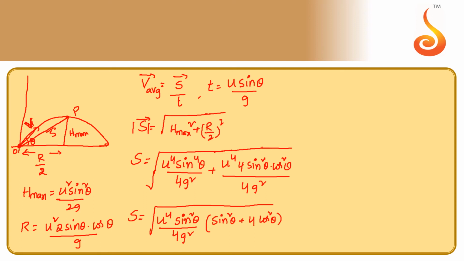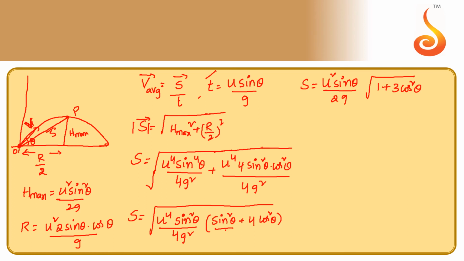Therefore displacement is equal to u power 4 sine square theta by 4g square comes out, that will be u square sine theta by 2g, and under root sine square theta can be written as 1 minus cos square theta. 1 minus cos square theta plus 4 cos square theta will be 1 plus 3 cos square theta. So this is what the displacement, and we know the time.